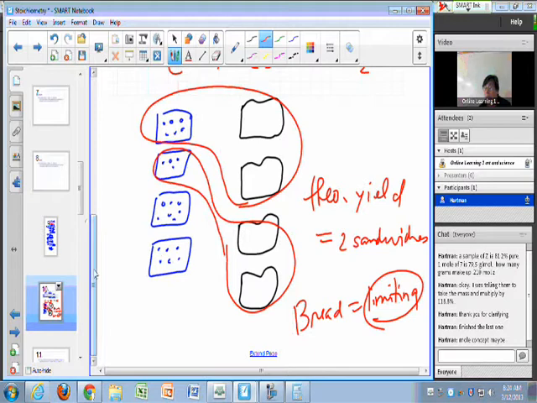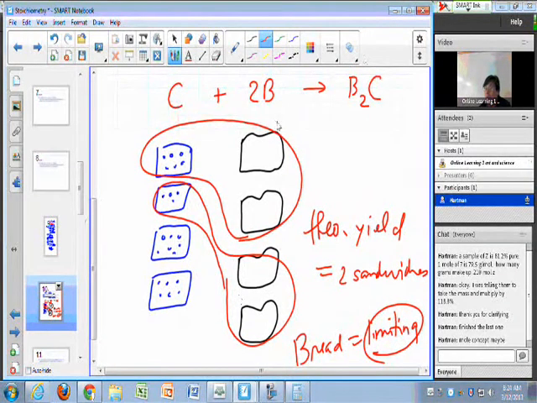If this was a chemical reaction, bread would be your limiting reactant. That's the one you'd run out of first based on how much you have to begin with. Notice that you have 4 slices of cheese and 4 slices of bread. Although you have equal amounts of bread and cheese, you'd run out of bread first. So your bread is your limiting reactant, your limiting ingredient.